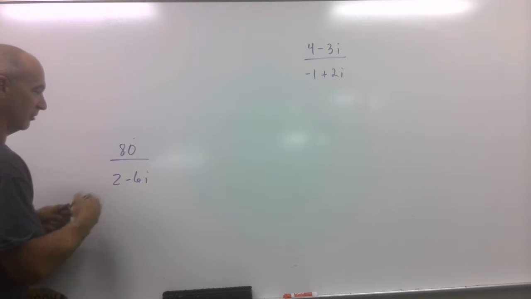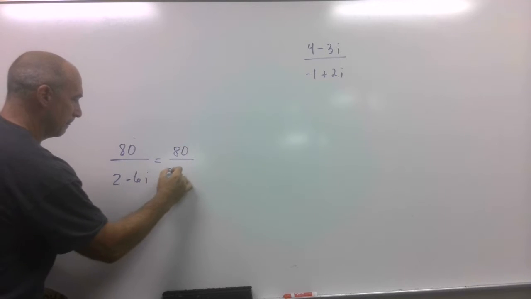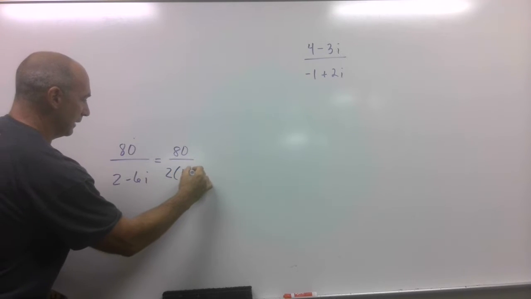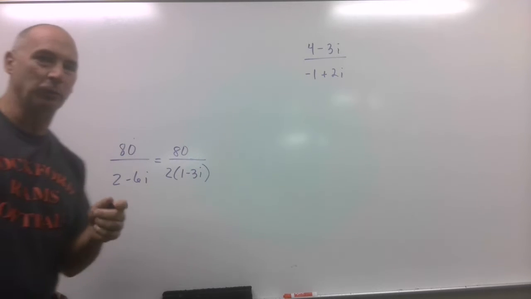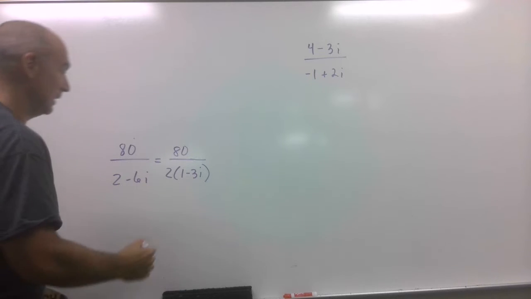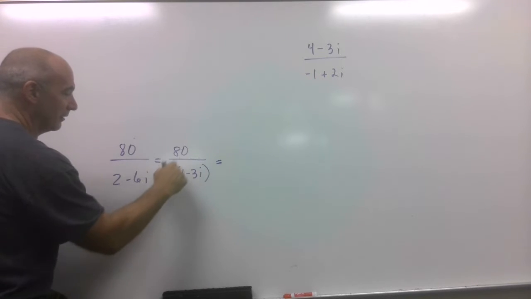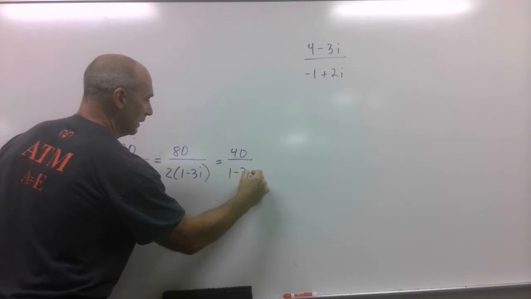You notice this situation? I can take a 2 out of here, and I'm left with 1 minus 3i. Good old factoring. Part of the reason why we worked so hard on factoring in the previous lesson, looking for these tricks. And now I can go, 80 divided by 2 is 40, all over 1 minus 3i.